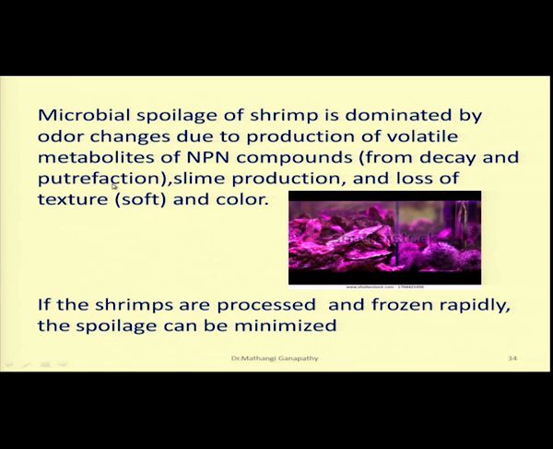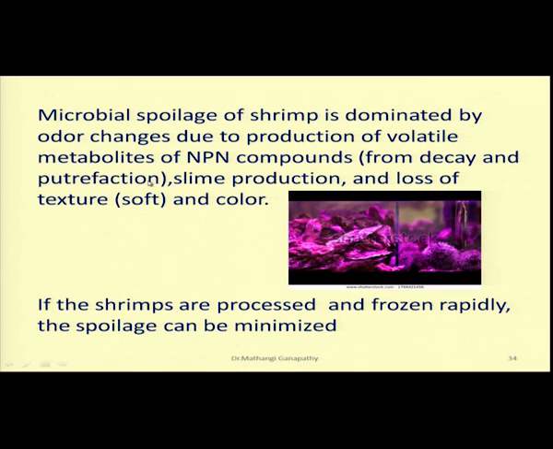Now, when you have microbial growth in the shrimp, the first evidence is an odor change due to the production of volatile metabolites of the NPN compounds. That is, these amino acids as well as trimethylamine will get hydrolyzed, and you will get decay and putrefaction, producing volatile metabolites, which you notice as a bad odor.